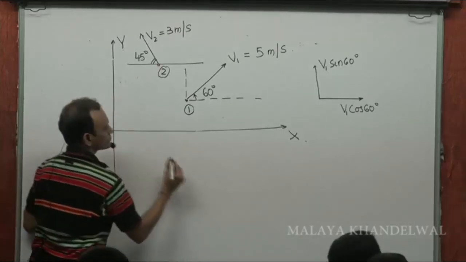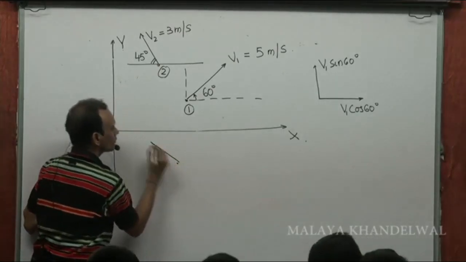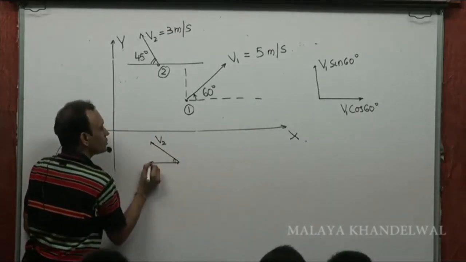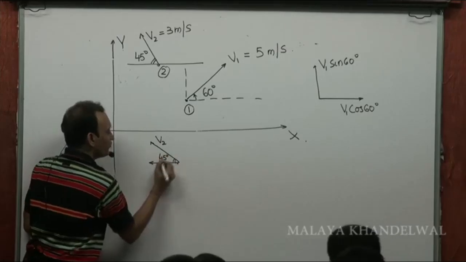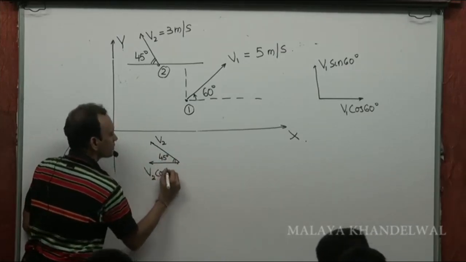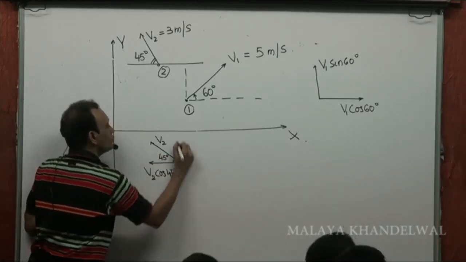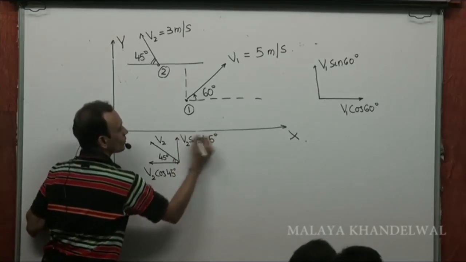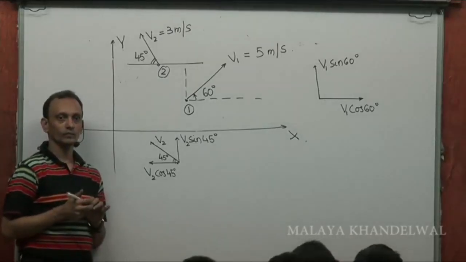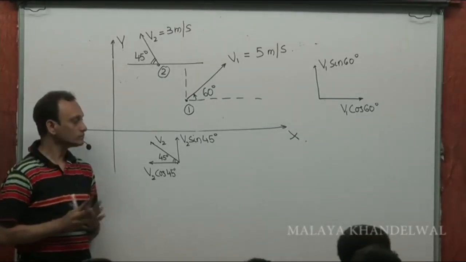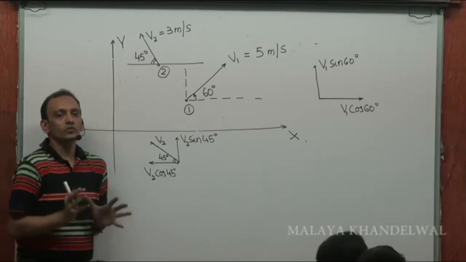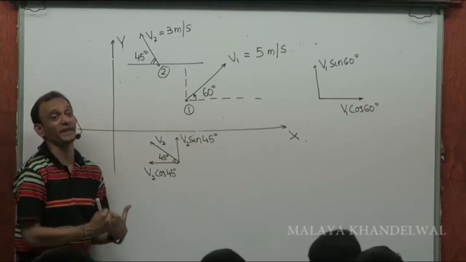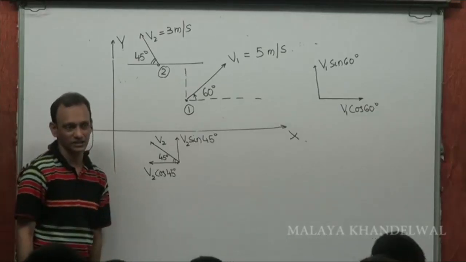Look at 2. This is v2. This is 45 degrees. So this is v2 cos 45 degrees and v2 sin 45 degrees. Right? So we then say they have a relative velocity along the x direction and they have a relative velocity along the y direction.